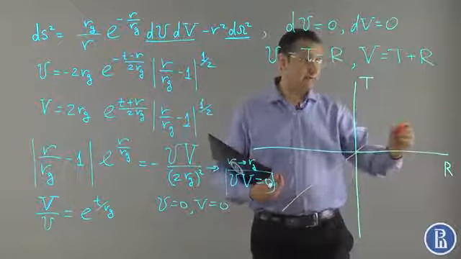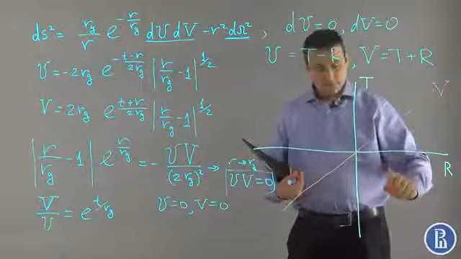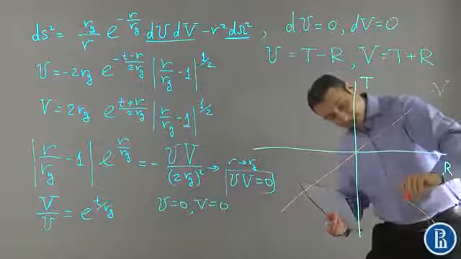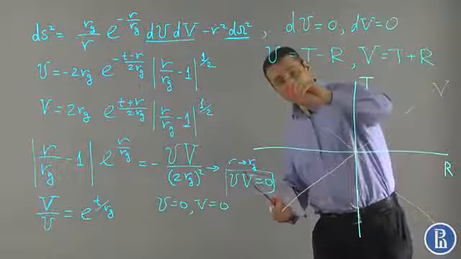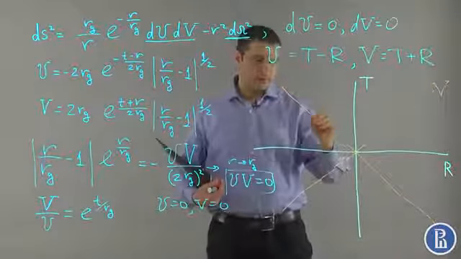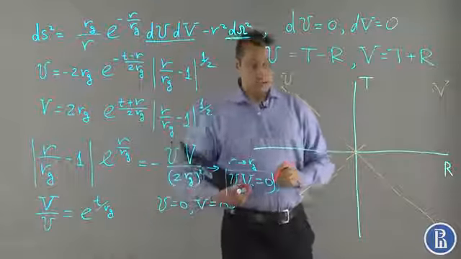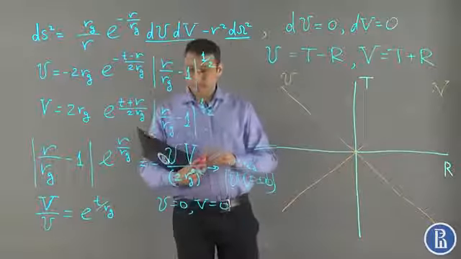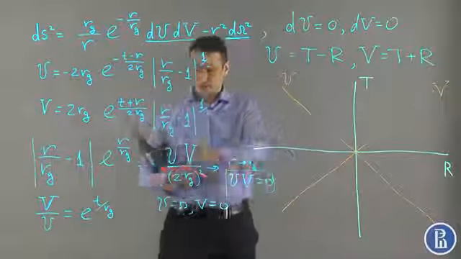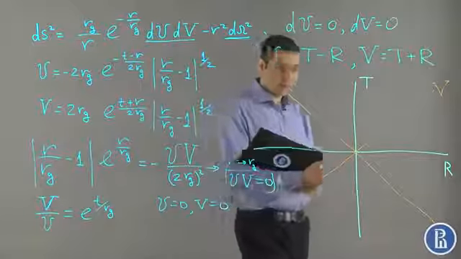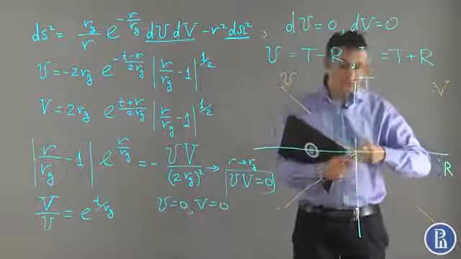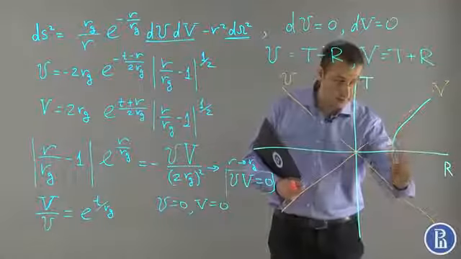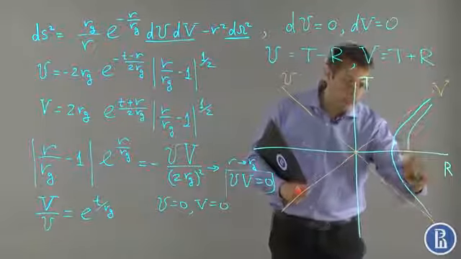Now one can see that this is the line v, and this is the line u. And one can see that constant r corresponds to hyperbolas, like this.